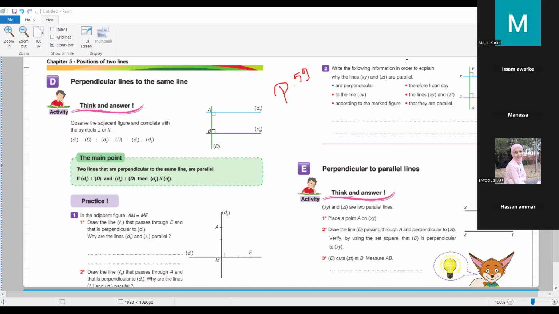It's because VU and the line XY are perpendicular. VU and XY are perpendicular, yes. And VU and ZT are also perpendicular.